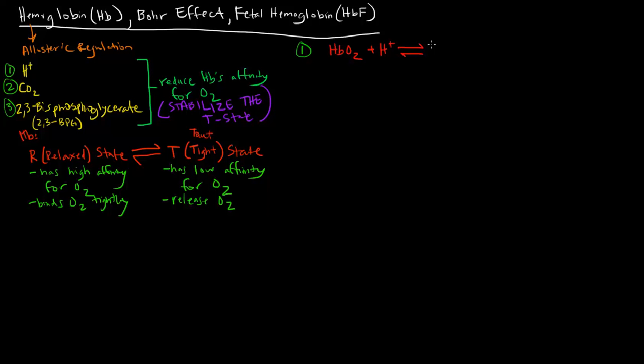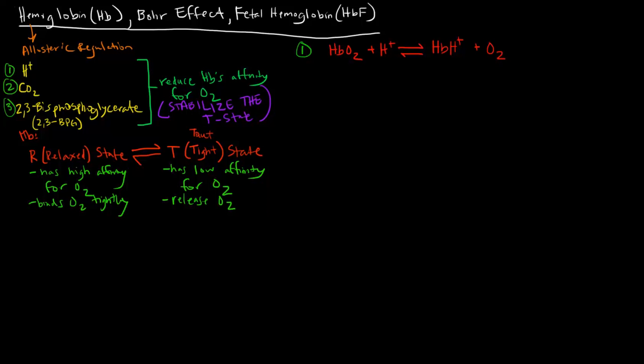If we add enough protons, the protons end up binding the hemoglobin, and then the hemoglobin releases the oxygens. This is just Le Chatelier's principle from general chemistry: if you add enough of a reagent to one side of the reaction, you shift the reaction to the other side. So if we add enough protons, we shift the reaction so as to stabilize the T state of hemoglobin, causing it to release oxygen.